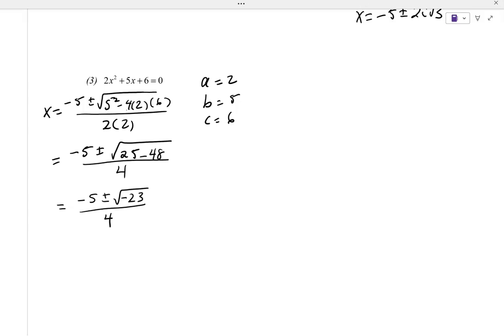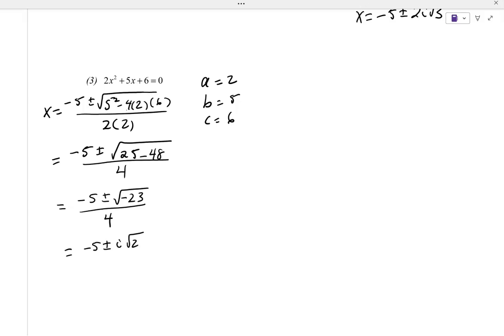So again, now at this point, we should try to simplify the radical if we can. In this case, there's only one real thing that we can do to simplify the radical. To take care of the negative under the radical, how do we write that? What do we do with the negative? Make it i.